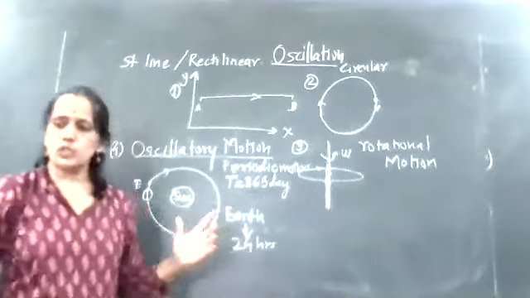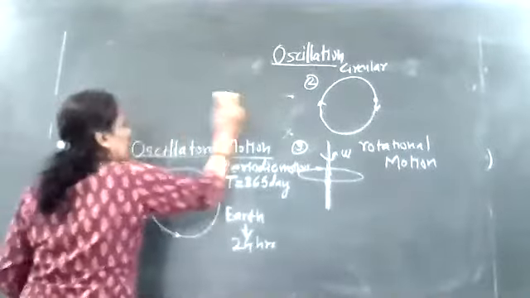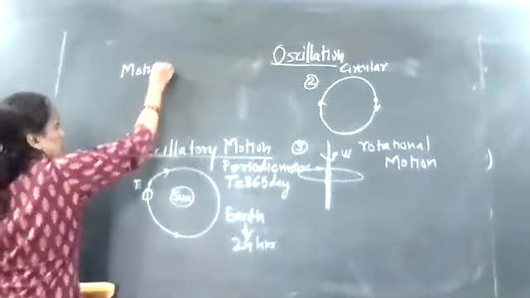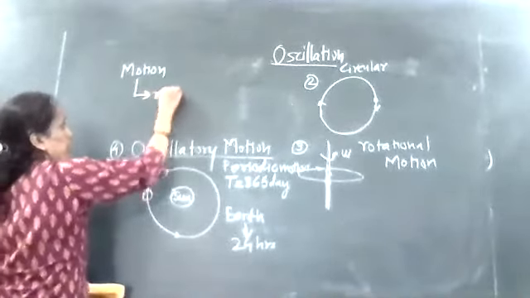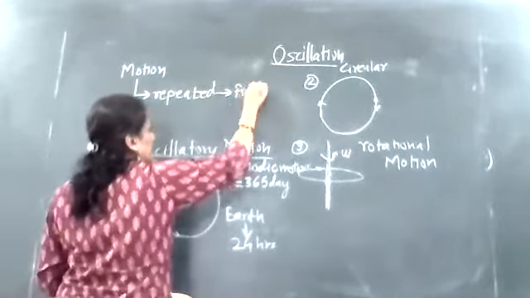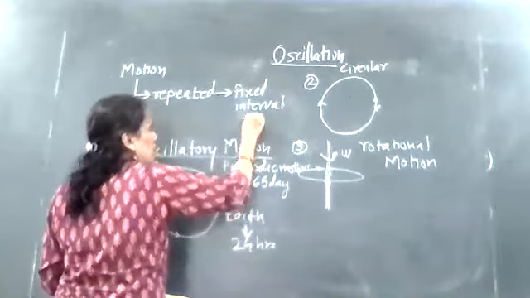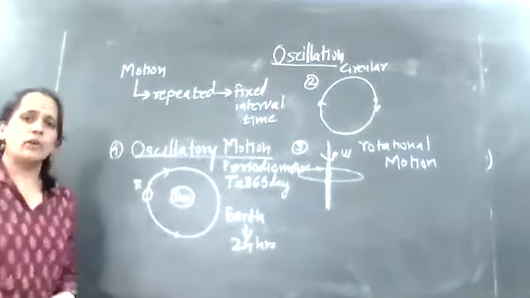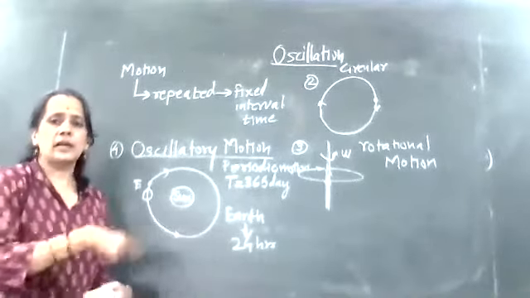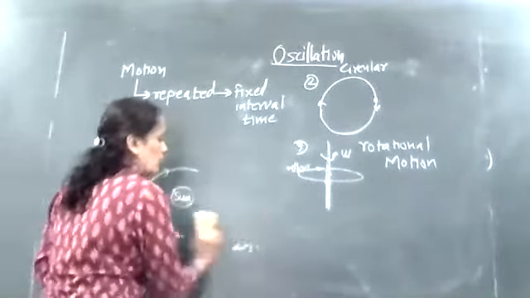Some types of motion exist in nature where the motion gets repeated after equal intervals of time. Those motions are called periodic motion, and the cycle of that motion repeats again and again.